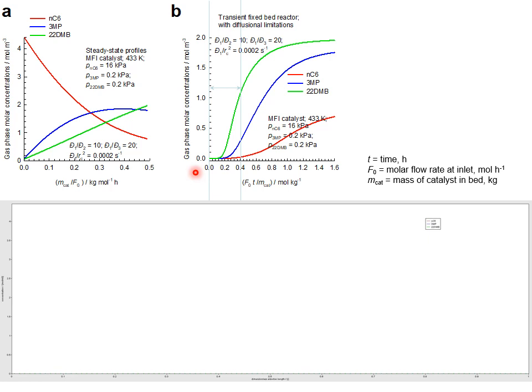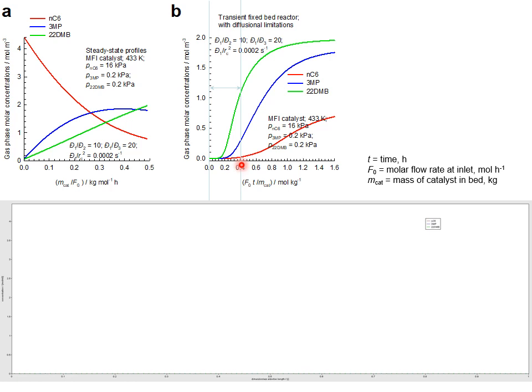We note that during this time interval, as shown here, say less than 0.5 moles per kilogram, the components exiting the bed consist exclusively of the branched isomers, green 2,2-dimethylbutane and blue 3-methylpentane, and practically none of the normal hexane exits the bed at this time.